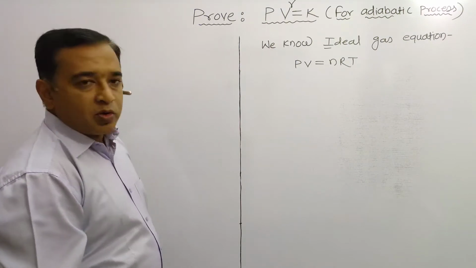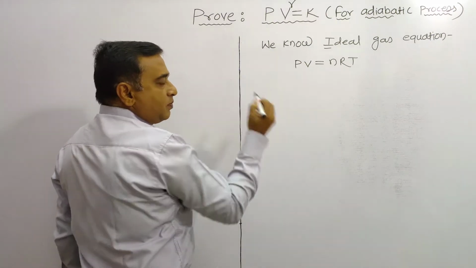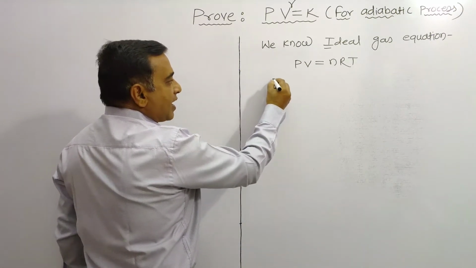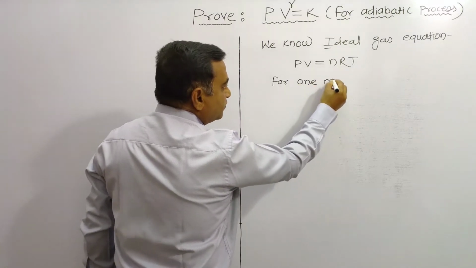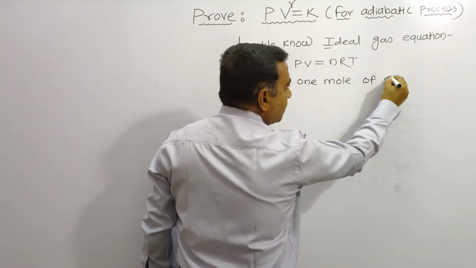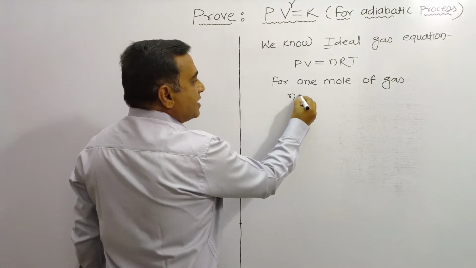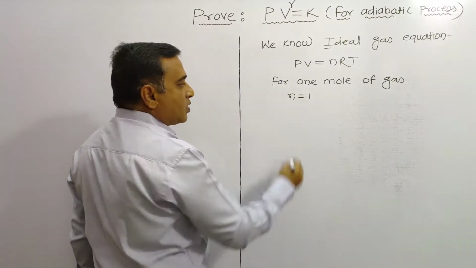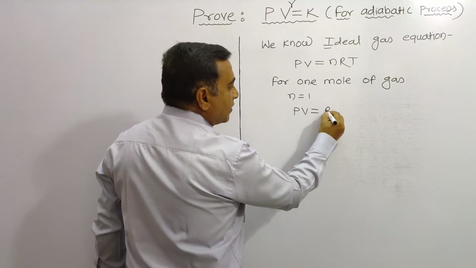We can term it as the absolute temperature also. For 1 mole of an ideal gas, n = 1, so PV = RT.